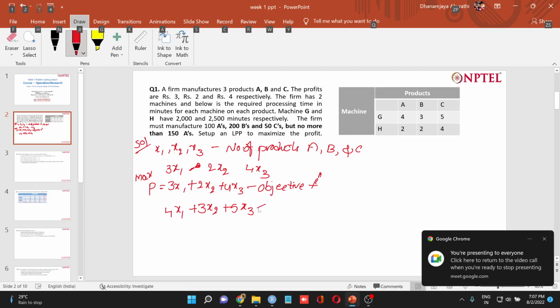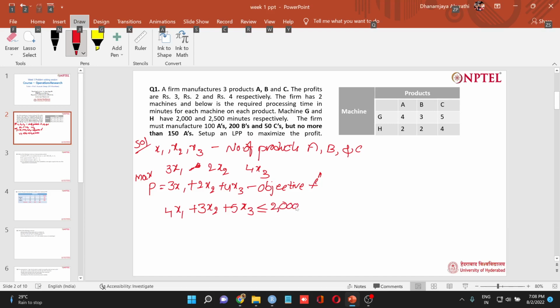So 4x1 + 3x2 + 5x3 should not exceed 2000 minutes on machine G. In a similar way, on machine H we have 2x1, 2 minutes to produce product A, 2 minutes for product B and 4 minutes for product C. That total time should not be greater than 2500 minutes. So these are the constraints involved in this problem.